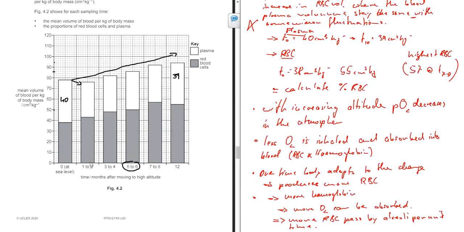I hope you learned a little bit more about the blood, how carbon dioxide is transported in the blood, and adaptations of our body in different altitudes due to different partial pressures of oxygen in the atmosphere. I hope I could teach you a bit more on how to read and interpret, describe and explain graphs.